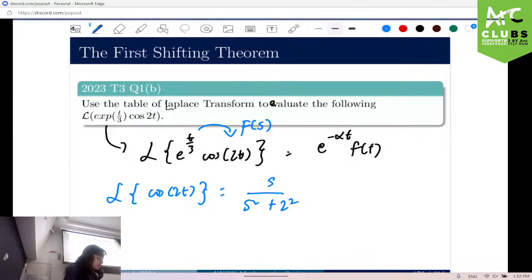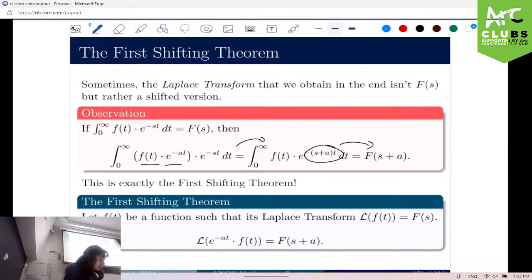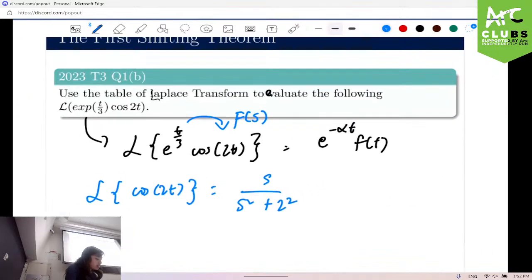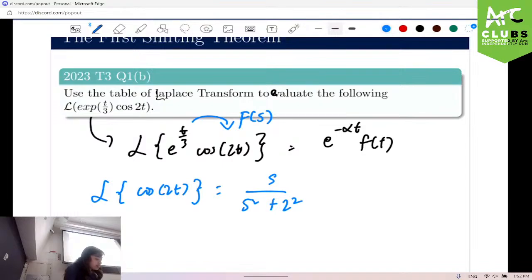So let's think about it in terms of the first shifting theorem. You have a shift of e to the power t over 3. So therefore, in terms of F(s plus a), this is your F(s), right? So your a is minus 1 over 3.